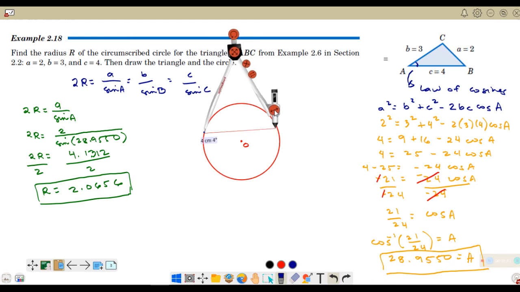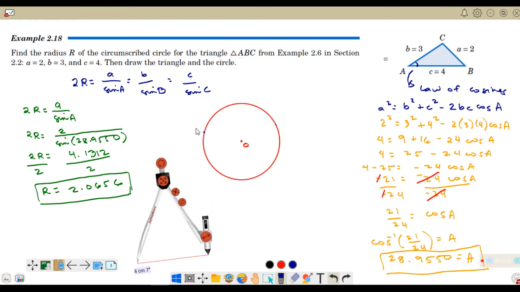So, move lang tayo hanggang sa mag-coincide tayo with one of the points on the circle. So, looking closer, medyo malapit na. Yan, ito. Ito yung pwede natin gawing AB. Yan. Ito si A. Ito si B.